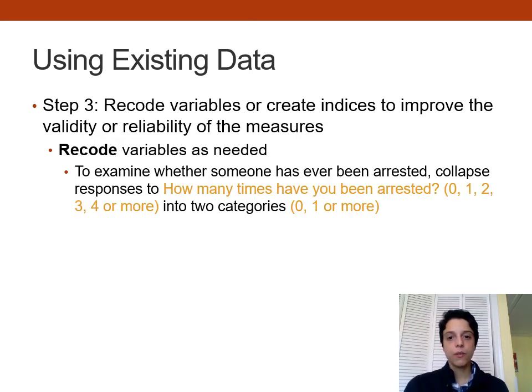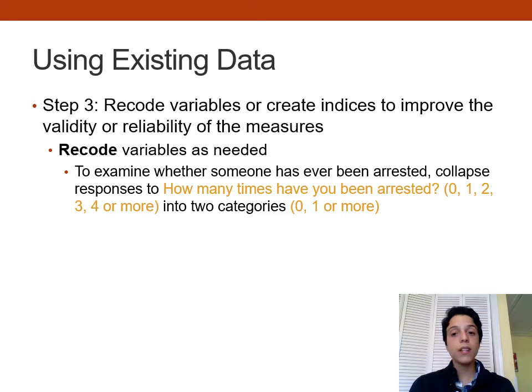Recoding refers to just changing the way that the responses to a particular item on a survey or a particular variable, whatever it is, happen to be recorded in your data. So an example of recoding would be something as simple as taking this how many times have you been arrested question and changing it so that it's only two categories of people who have not been arrested and people who have been arrested.